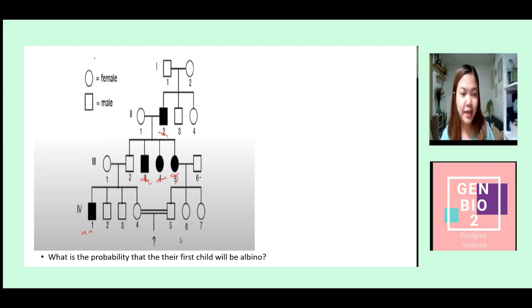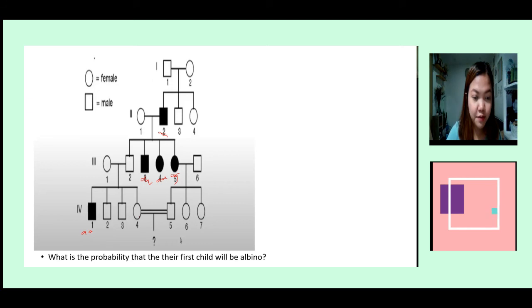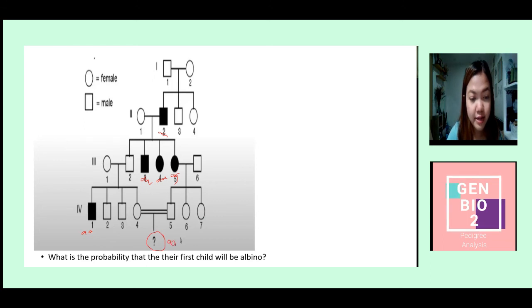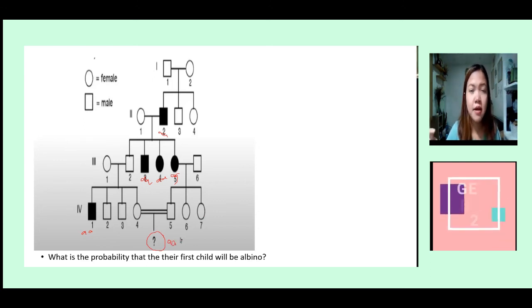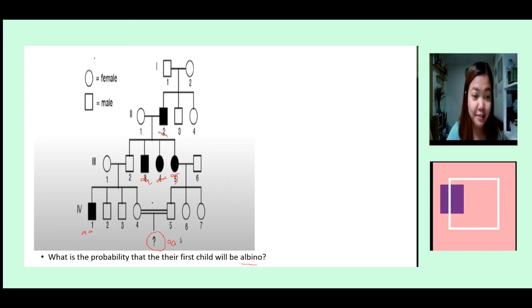Okay. So next, ito din pala, itong first child. So, it should have that kind of genotype para magkaroon siya ng albino, since albino is a recessive trait.